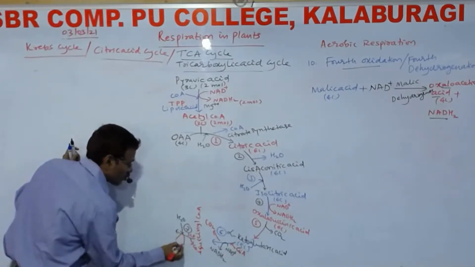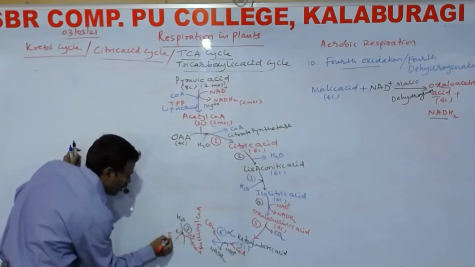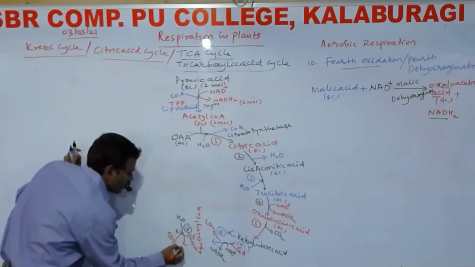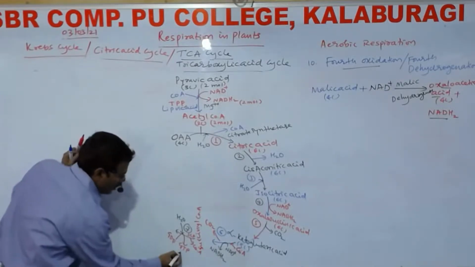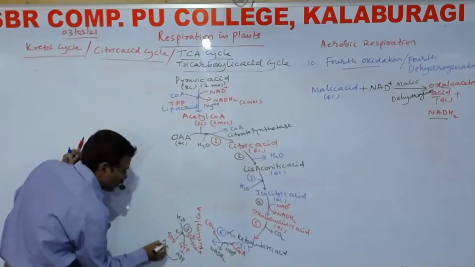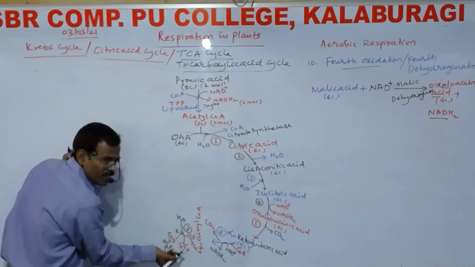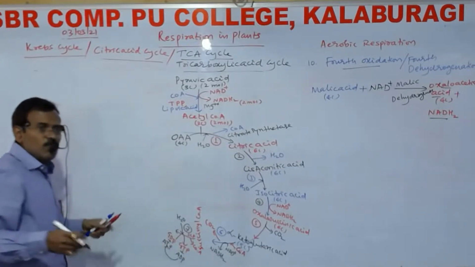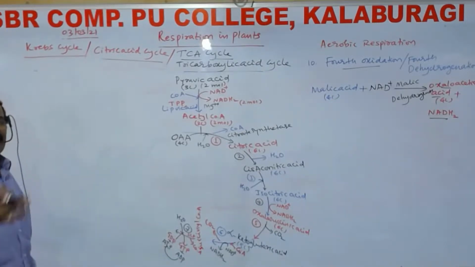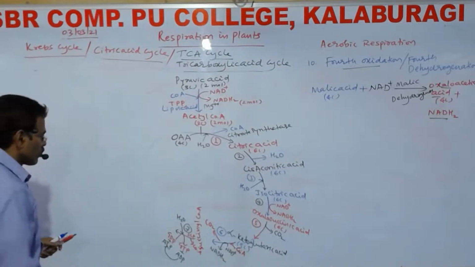There will be synthesis of GTP. GDP can combine with phosphate and form GTP. So GDP is converted to GTP by SLP. Okay. So seventh step.